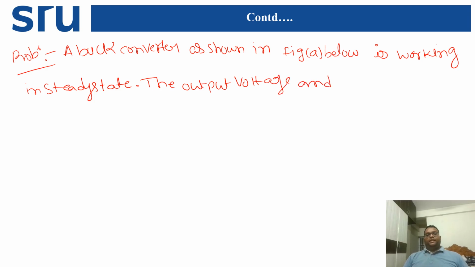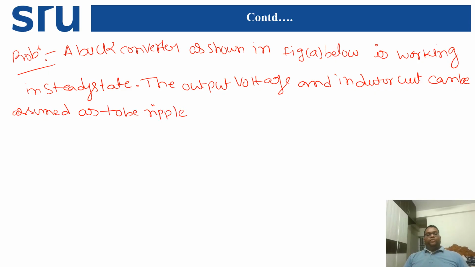The output voltage and inductor current can be assumed to be ripple free.